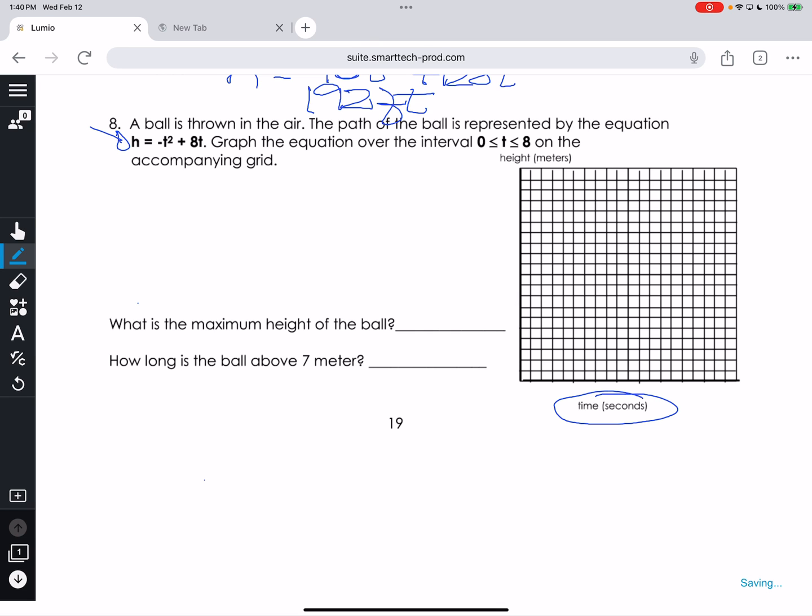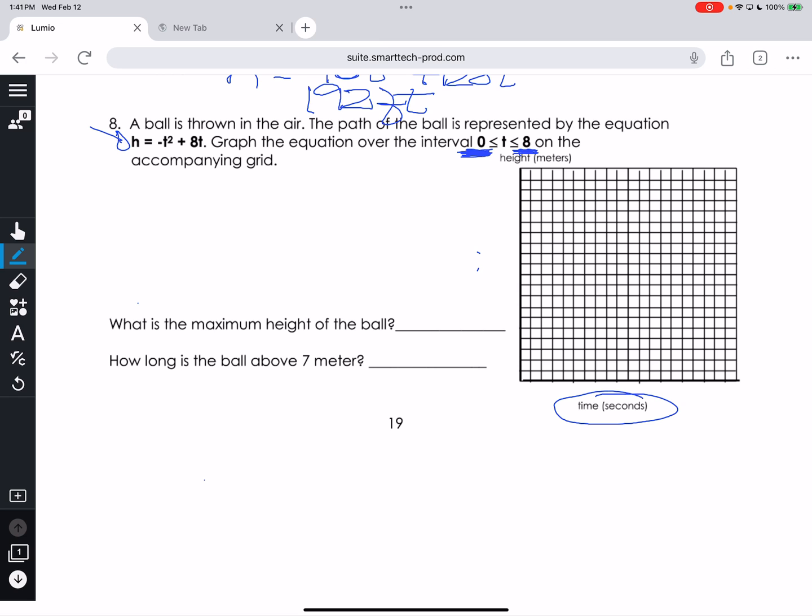So we have 2 intervals. We have 0, and then t is also less than or equal to 8. Do you see those are going to be the 2 numbers we plot on the x-axis. I'm going to mark my x-axis like they did in the first equation, making a mark every other line so I can spread it out.